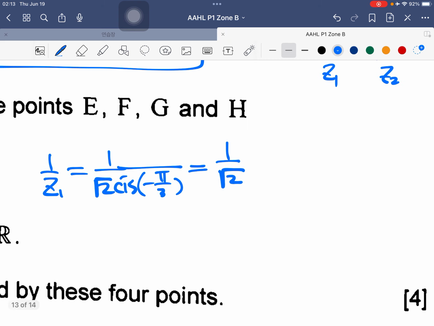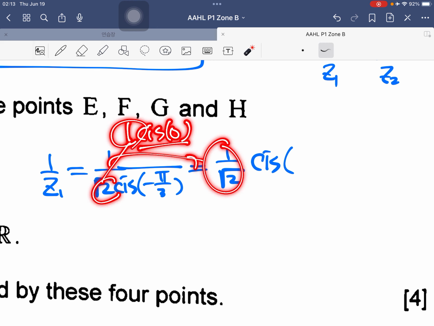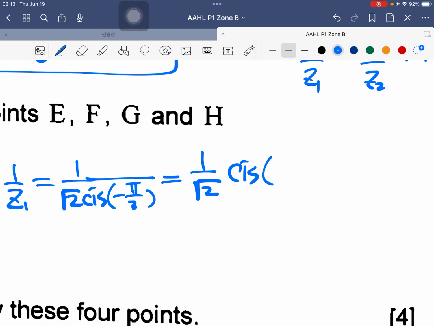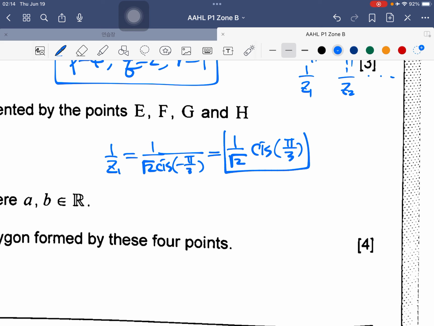For the argument, the top part 1 can be expressed as 1 cis 0, right? So 1 and square root of 2 makes this, and cis 0 minus this will be the new argument, which is pi over 3. So this is 1 over z1.